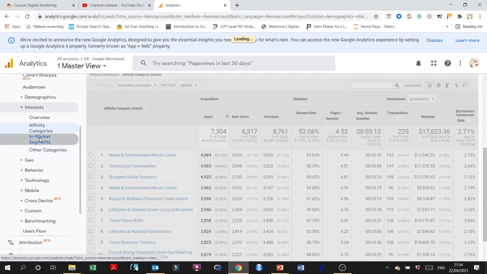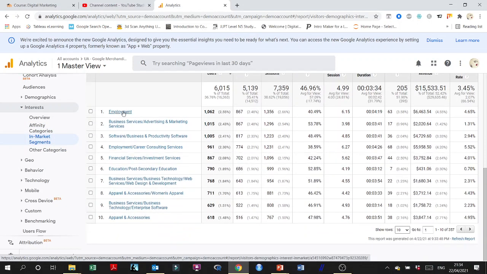Anyway, in-market segments, are they looking for employment? All right, very good. So maybe services, advertising and marketing right now. So we can see if we can align our current advertising to some of these interests in-market segments.